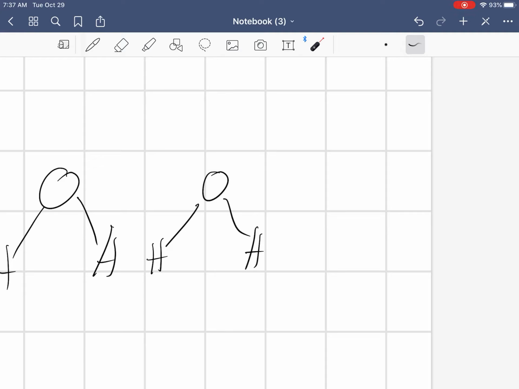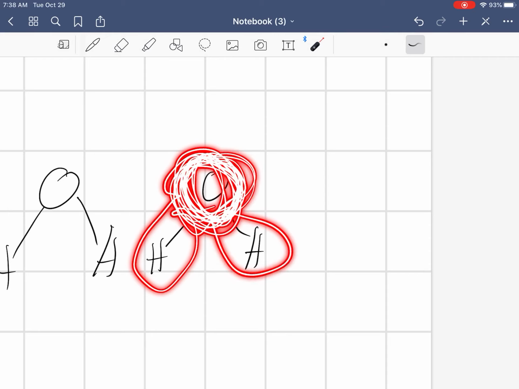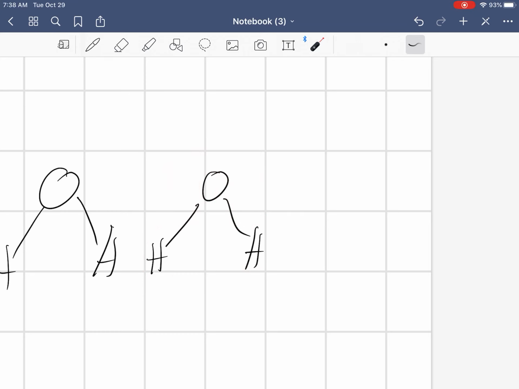Okay, oxygen's like that greedy older brother who's eating a cookie and your mom tells him to share with you, and so he gives you a chocolate chip, he thinks that's sharing, right? But it's not. So the electrons, they'll actually orbit around that oxygen. They orbit around it a lot. Every once in a while, they'll orbit around a hydrogen, but then they orbit around the oxygen some more, over and over, okay?